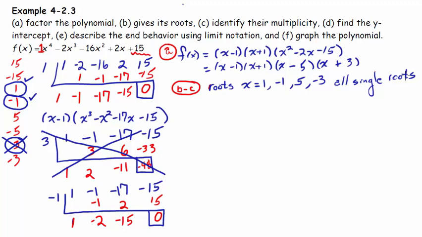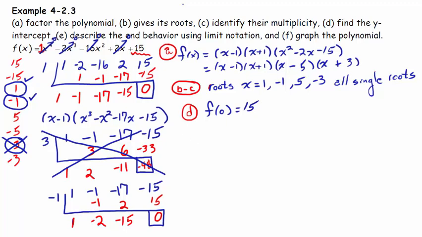Alright, now for the y-intercept, part D, I'm just going to plug in 0. Alright, so if I plug in 0 here, well, this goes to 0, this goes to 0, this goes to 0, this goes to 0, so I am left with +15.